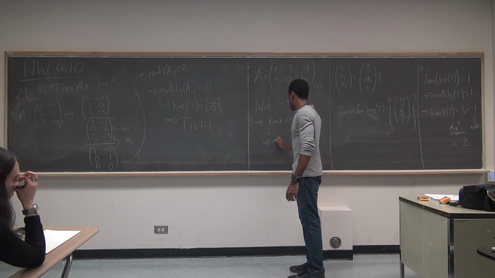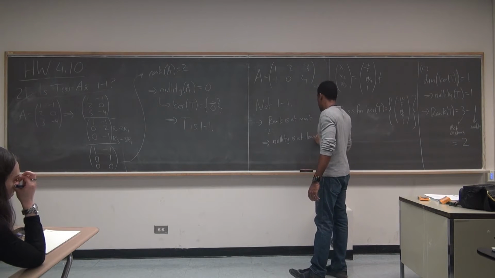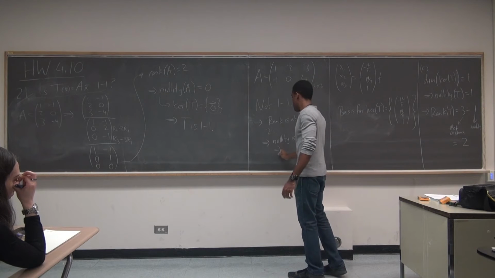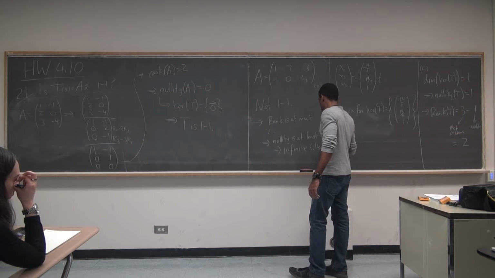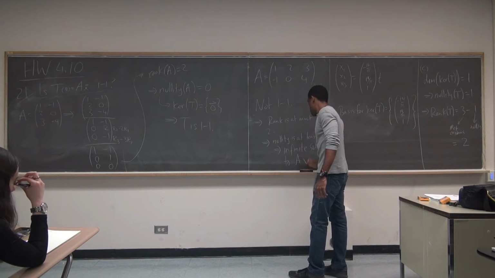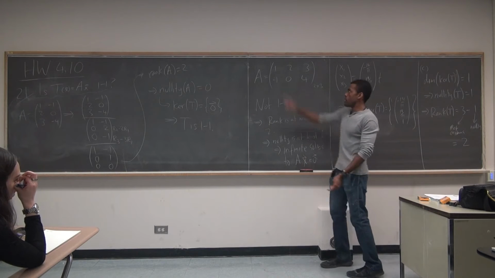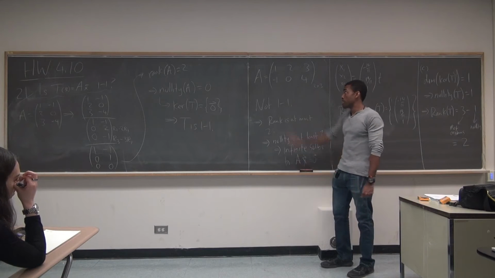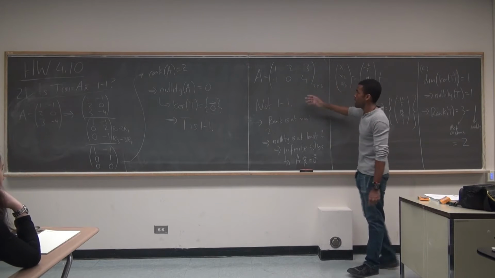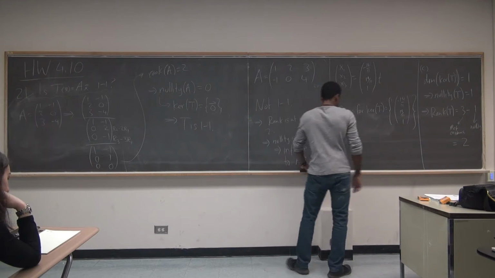Which means the nullity is at least 1, which means infinite solutions to AX equals 0. Because I have a pivot here, which means this column I get a parameter for. Once I get a parameter, it's not a unique solution anymore. Right? Best case scenario is I have 2 pivots. I can't have more. So I'll always have a parameter here, which means I don't get a unique solution and the theorem breaks down.